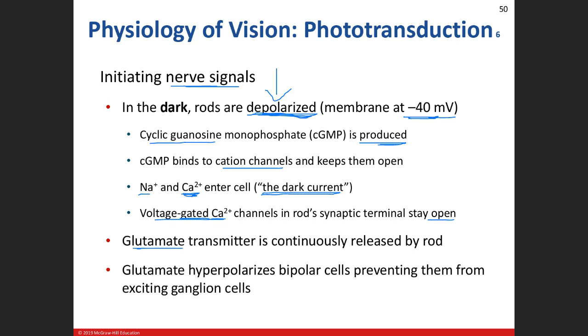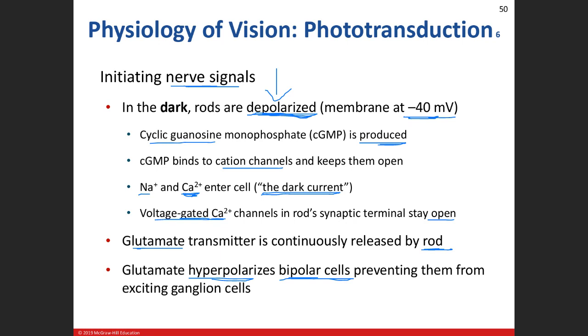It causes neurotransmitter to be released. So this is happening all of the time. This glutamate neurotransmitter is constantly being released by the rod onto the bipolar cells. Well, guess what? It causes hyperpolarization.